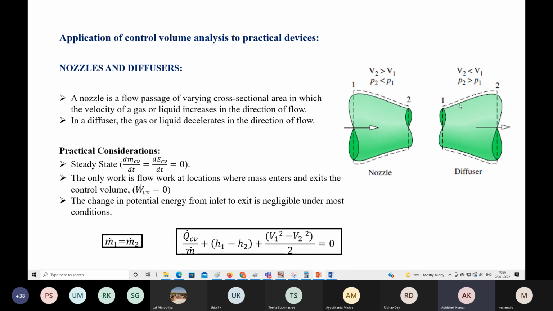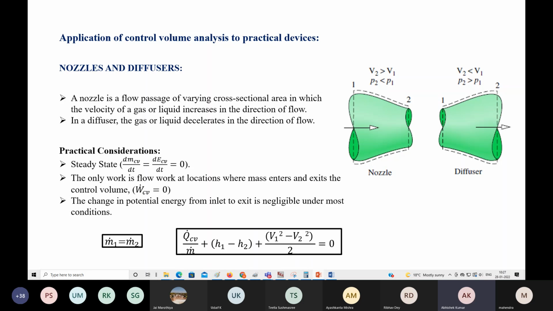In the case of a diffuser, it is the reverse phenomenon, so pressure is increasing. Here no mechanical work is happening, only certain fluid properties are changing.